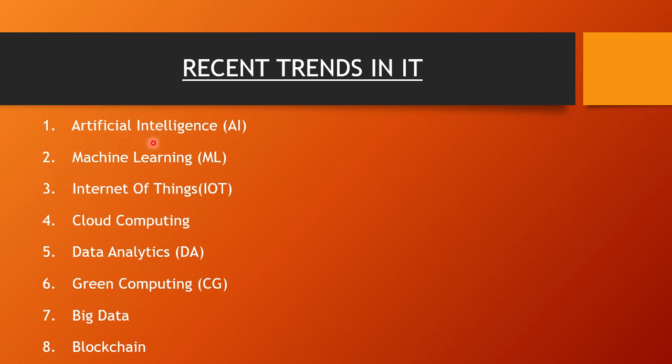That is artificial intelligence, where the work is done by the machine in the way human beings and animals can think. In that way we are making the machines think. So that is artificial intelligence.